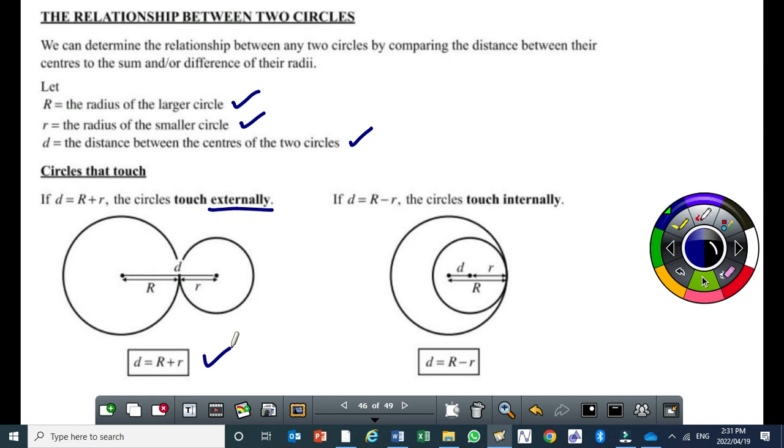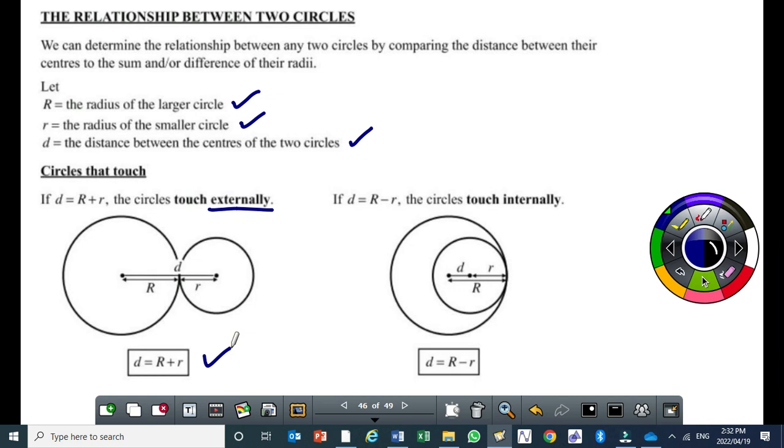Usually, to find this d, you just use the distance formula, which means you know the coordinates of the center of the big circle and of the smaller circle, calculate the distance between the two centers, determine the radii of each circle, add them, and see if they are equivalent to the distance between their centers.